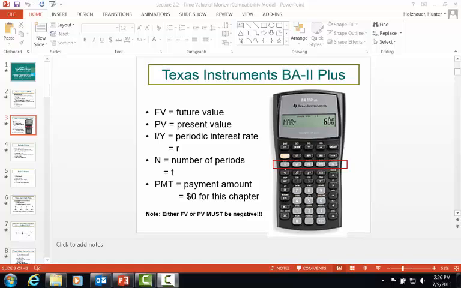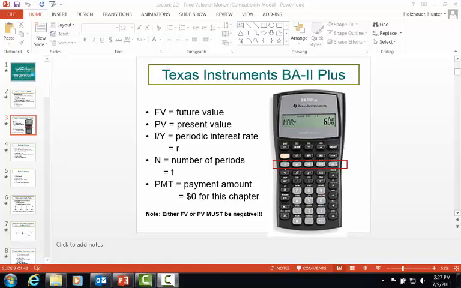So either you're putting money up front, so your present value would be negative to get a big positive return down the road, or you're the opposite, which is perhaps like a bank where you are getting a loan from the bank, so you would get a big amount up front and you'd have to pay that off back over time or with one big lump sum down the road. So then in that case, the future value would be negative.